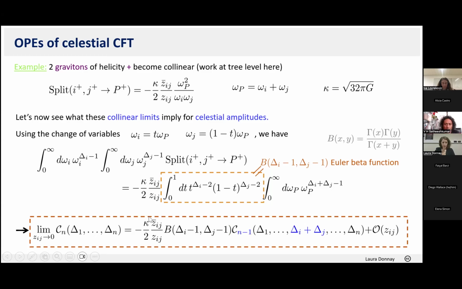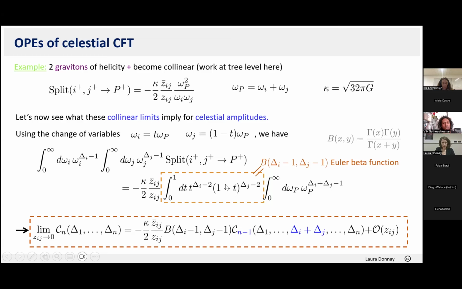And from that, we obtain the following. We have a celestial amplitude of n particles, among them i and j taken to be collinear in a holomorphic way, so zij is sent to 0.